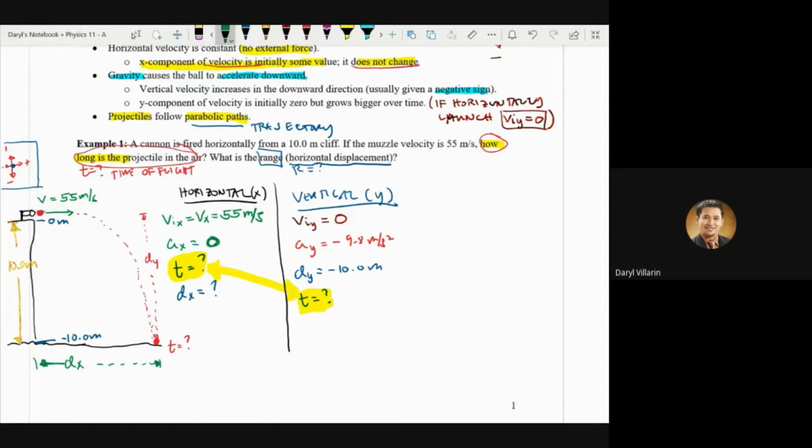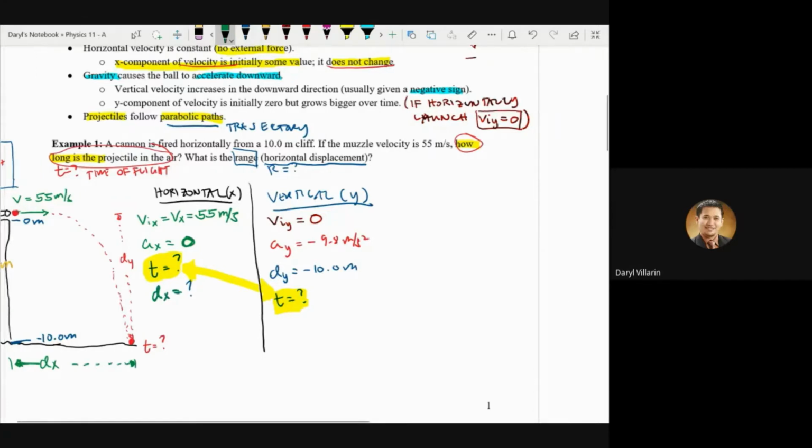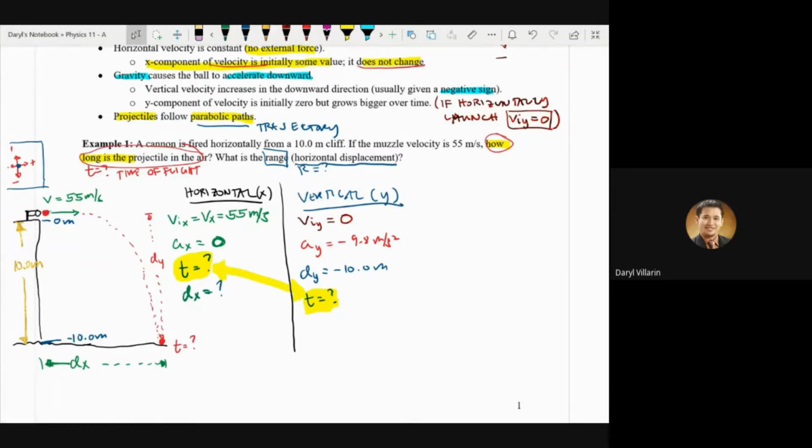Okay. So for the first question, I'll be solving for time. In your displacement equations, you have different displacement equations. The displacement equation that we talked about last time can be used for this type of question, either in your vertical motion or the horizontal motion.